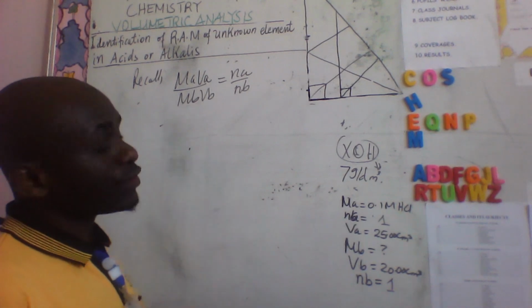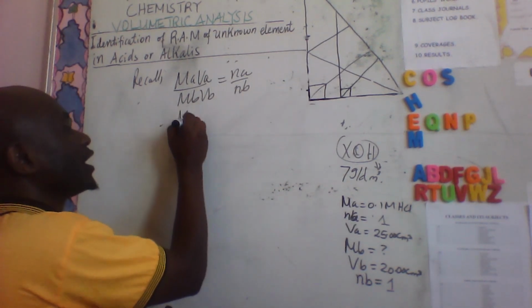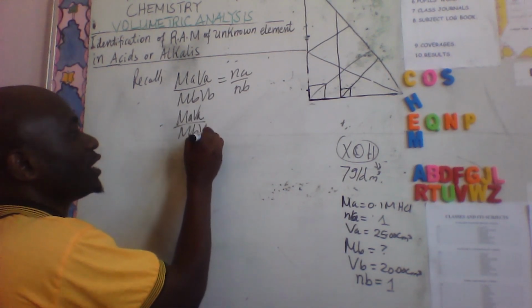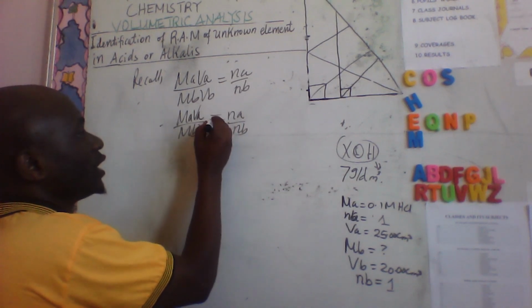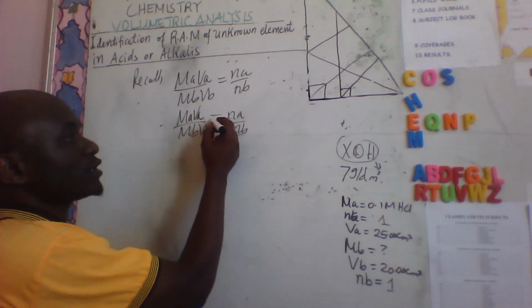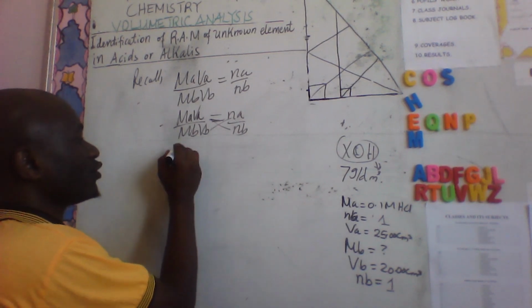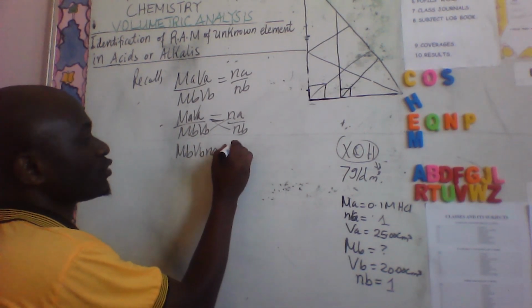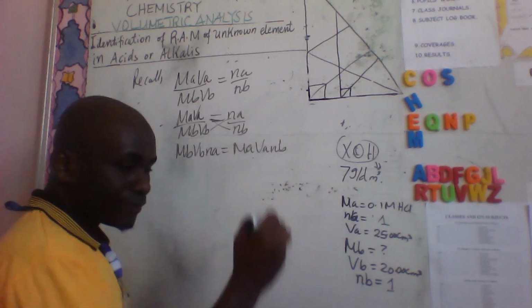So if we need to find the molarity of base, we are supposed to do cross multiplication. Molarity of acid, volume of acid over molarity of base, volume of base is equal to number of acid over number of base. In cross multiplication, we make the molarity of base the subject. So molarity of base times volume of base times number of acid is equal to molarity of acid times volume of acid times number of base.